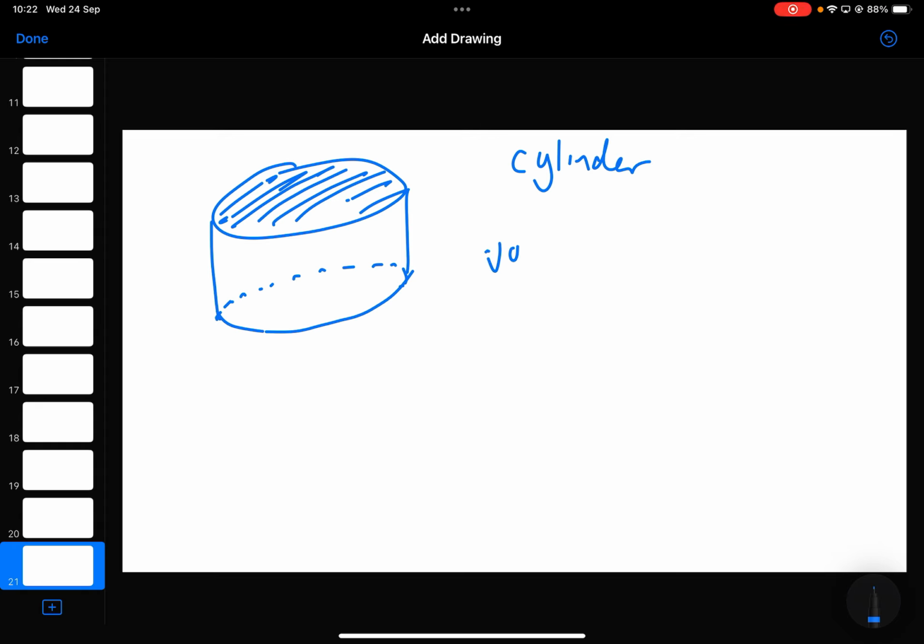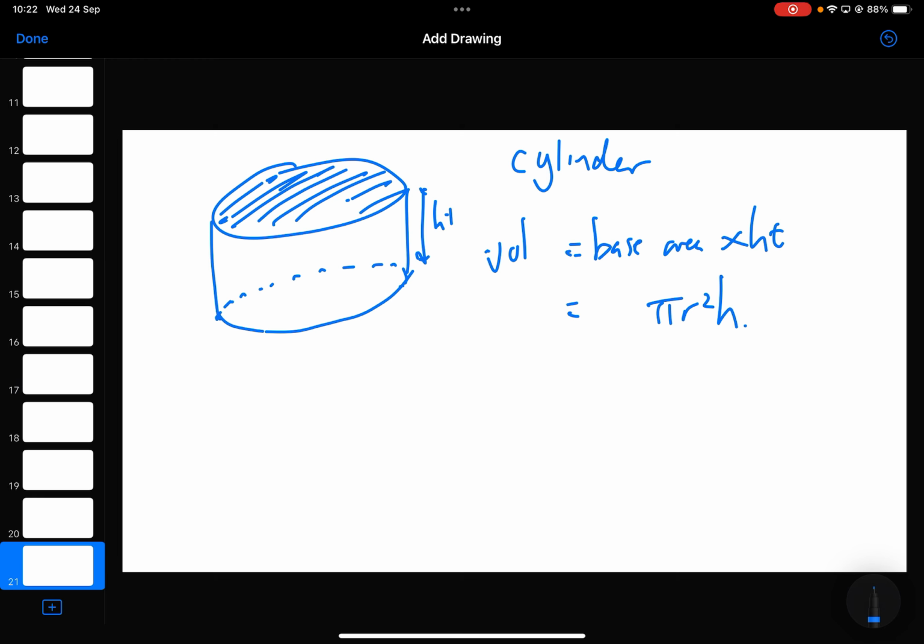The volume will be your base area multiplied by the height. And this time your base area of a circle is pi r square. That's why the volume is pi r square, then multiplied by the height. Okay?